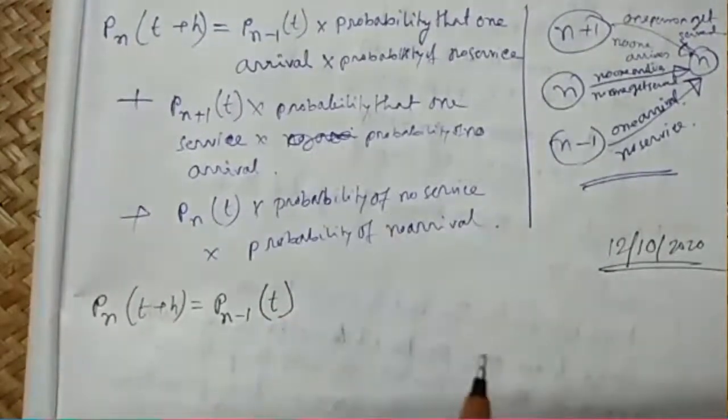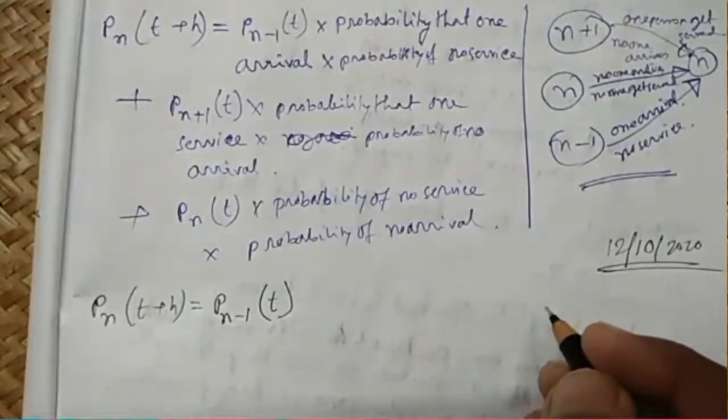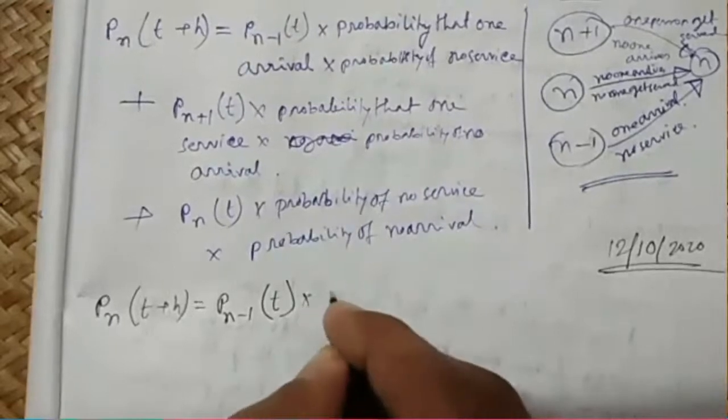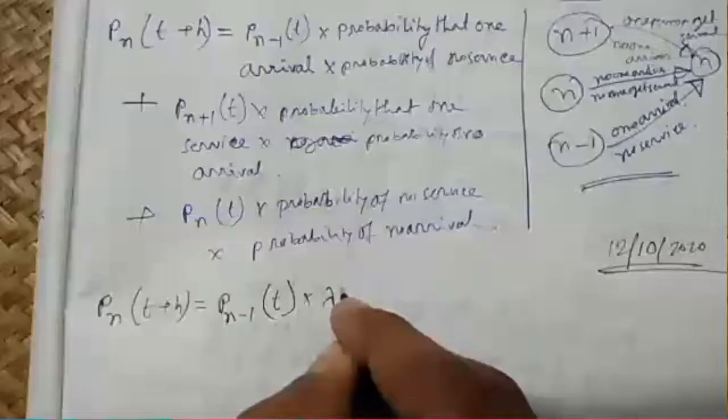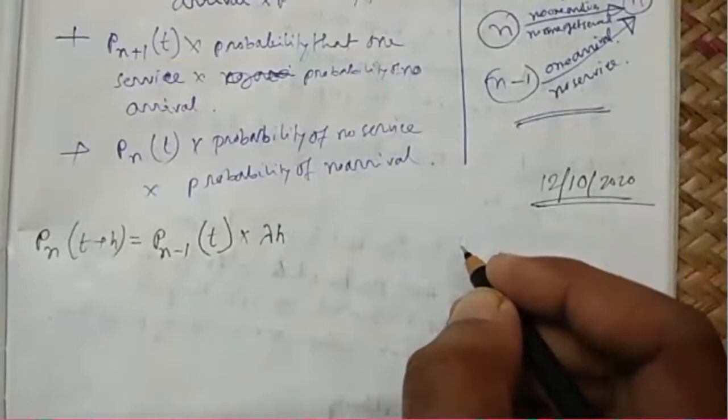Now the probability for one arrival is given as lambda h, and the probability of one service is mu h. I'm writing it out so that you can remember. It becomes very difficult.